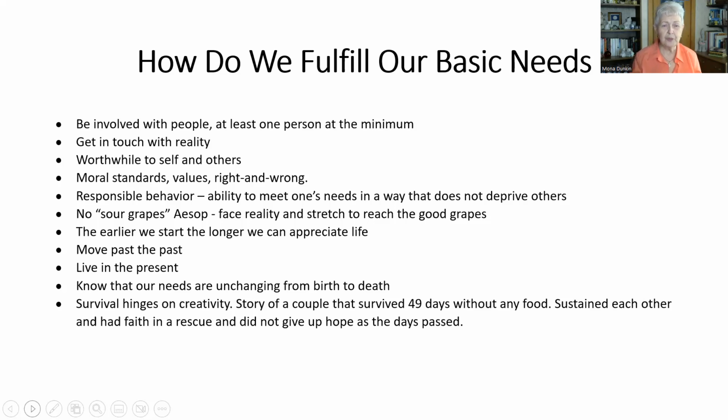And in the book also, he gives a story of a couple that survived for 49 days without any food, and they were relatively in good health. Anyway, they sustained each other and had faith in a rescue, and they did not give up on hope as those days kept passing and passing and passing. And they were in a plane wreck, just the two of them.